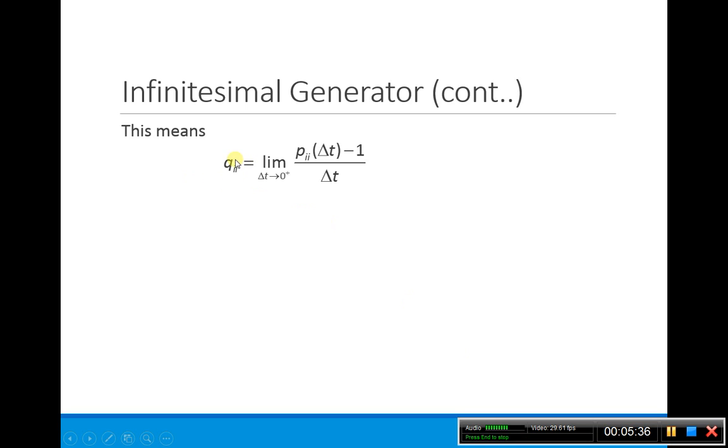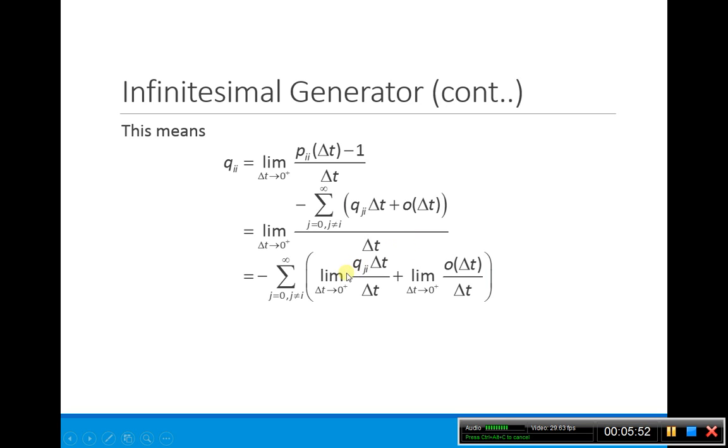So now what we can say is that our qii, our diagonal elements, are simply minus the sum, as j goes from 0 to infinity, j not equal to i, of all of these transition rates. So remember how we can write this. We can take the sum out because the limit of a sum is the sum of the limits, right?